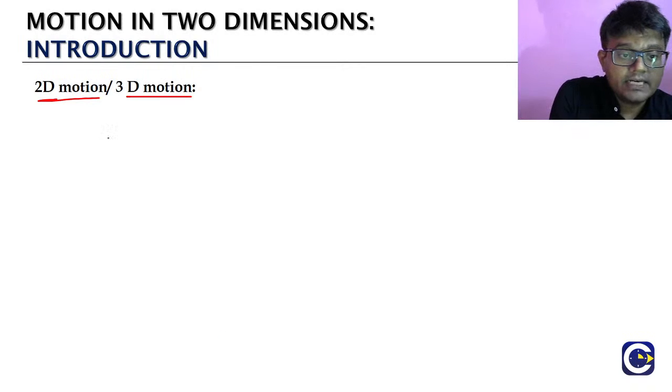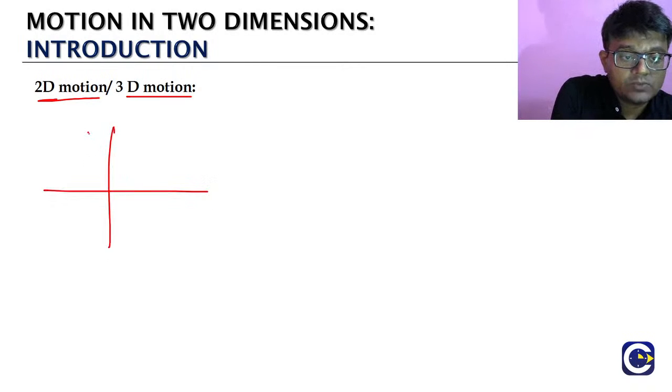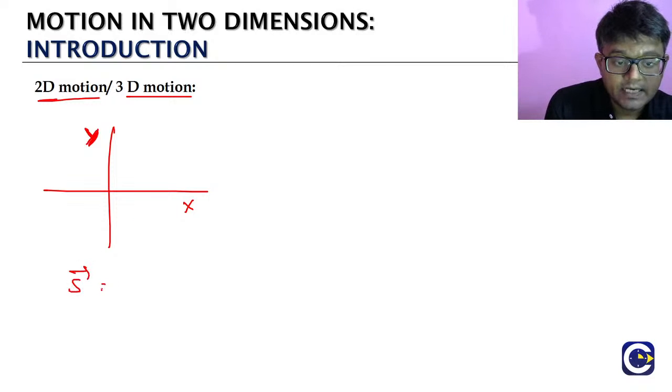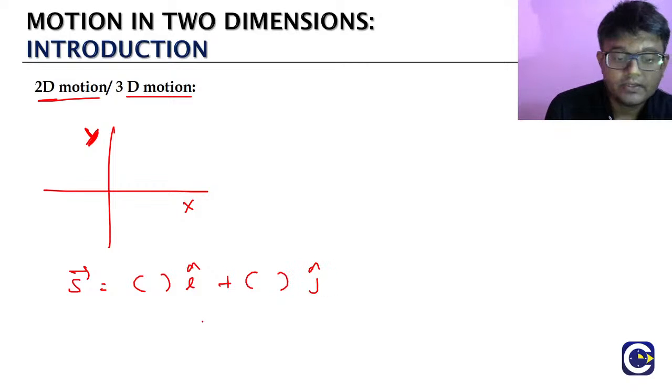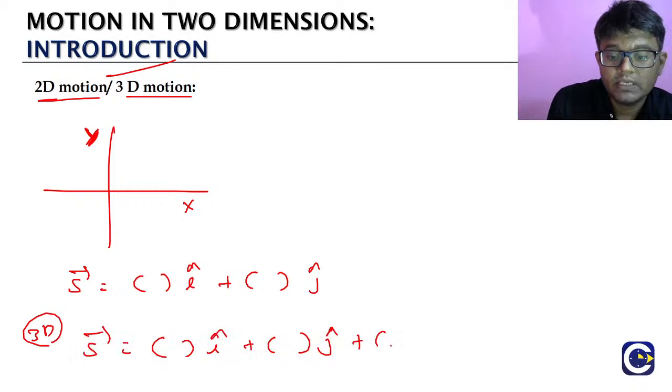So we will have the displacement vector with both the i component as well as the j component. If you are studying 3D motion, the displacement vector will have the i component, the j component, and the k component.